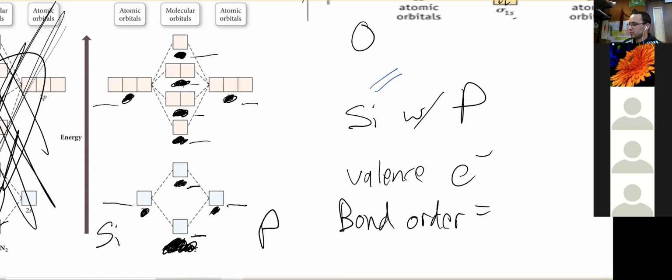Like the total or just for the valence? So let's do the shorthand. What's the noble gas electron configuration? Neon with 3s2. So it's silicon.